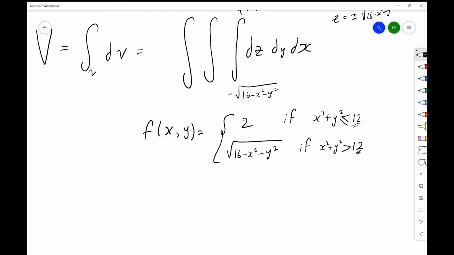But yeah, that's the problem with trying to imagine things in 3D space. It's hard, but let's do another example. So this is to be continued.